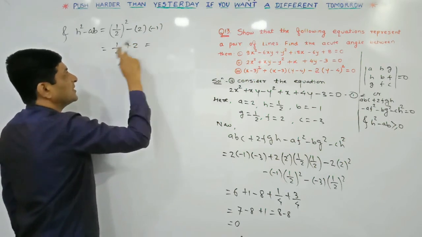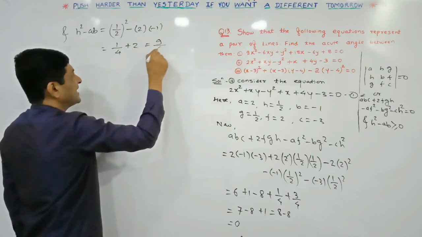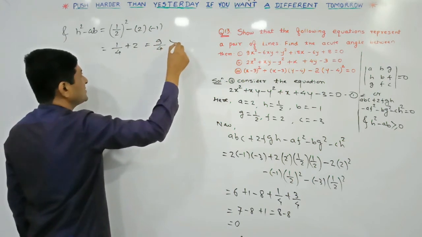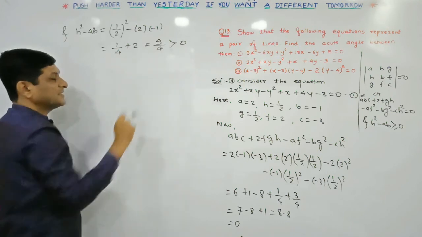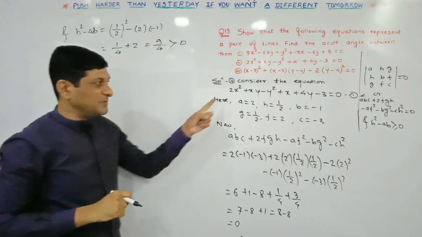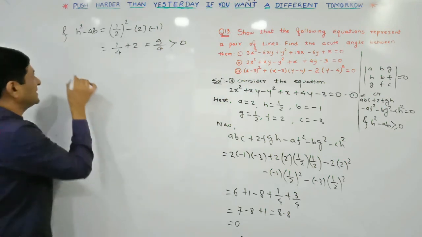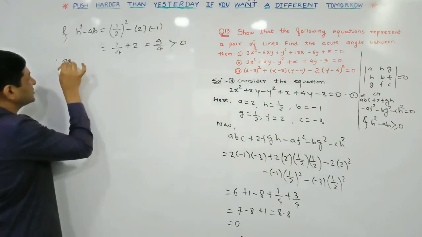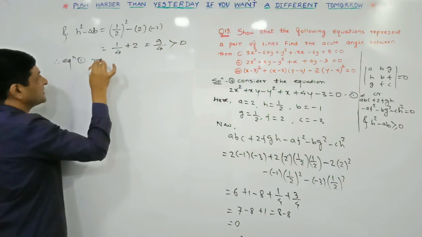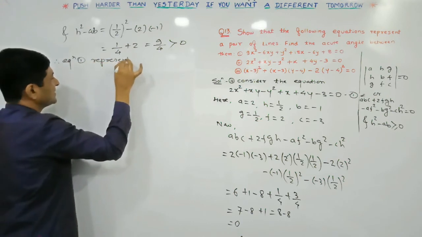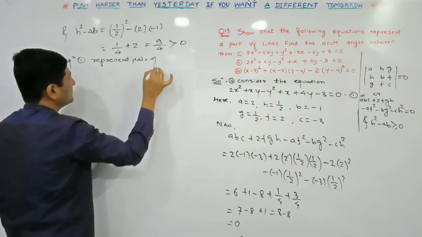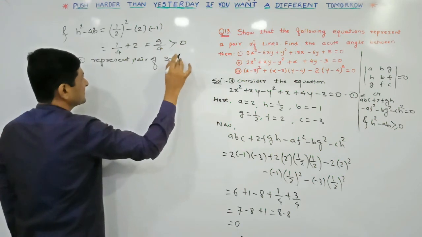So which is equal to 9 by 4, and we can observe that this value is greater than 0, and since this value is greater than 0, we can conclude that this equation first represents a pair of straight lines. So therefore equation first represents a pair of straight lines.